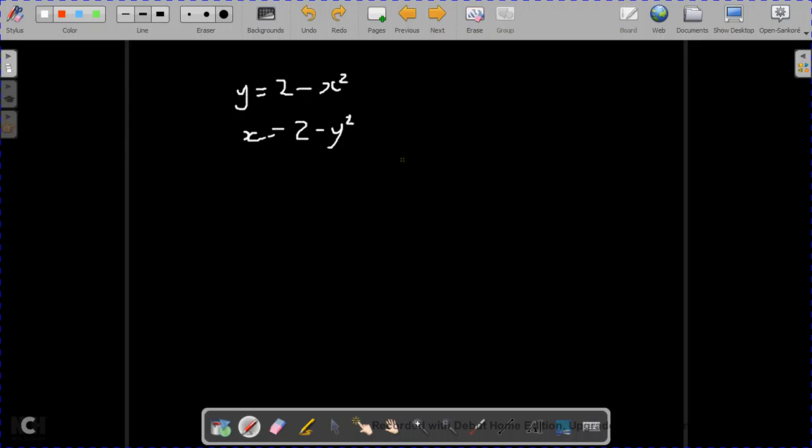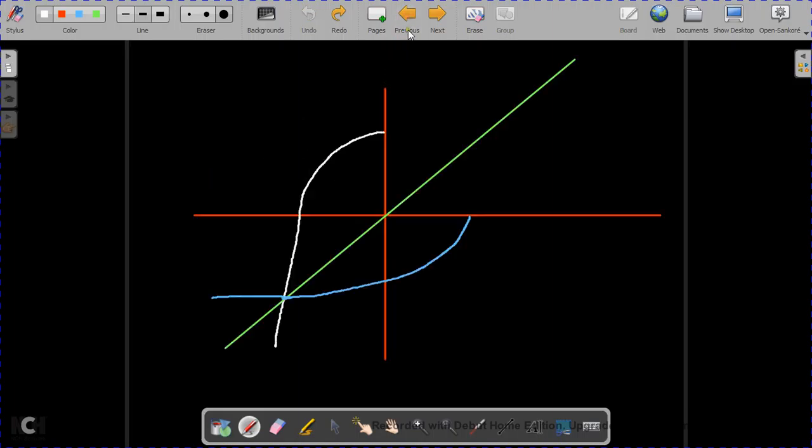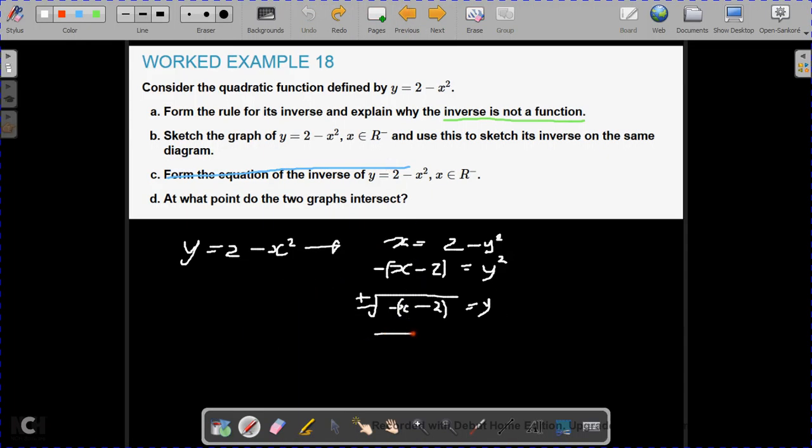Okay, now rearrange to find y by itself, so x take 2. Get the negative of it and then get the square root of it. And it's going to be plus and minus. So that's our inverse, which we did down here anyway.